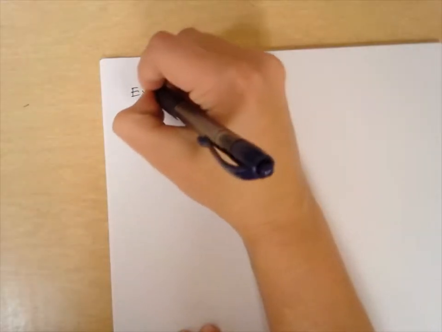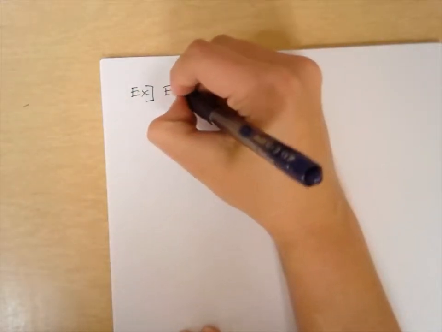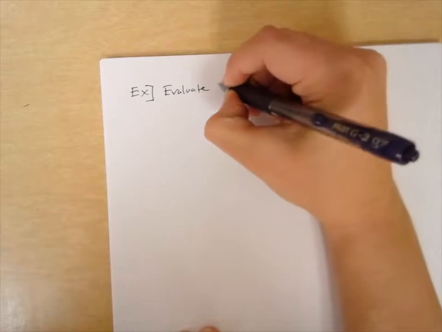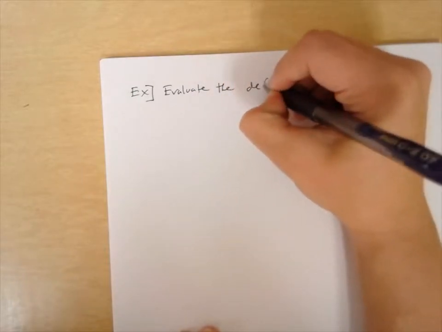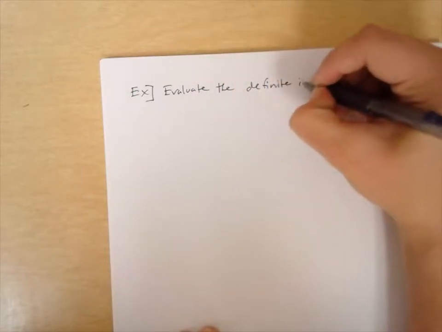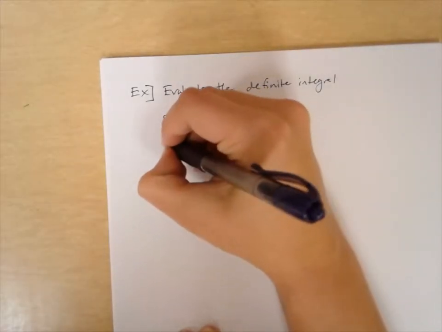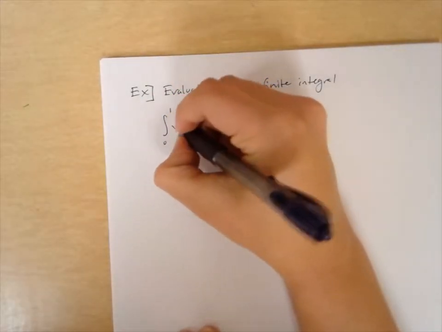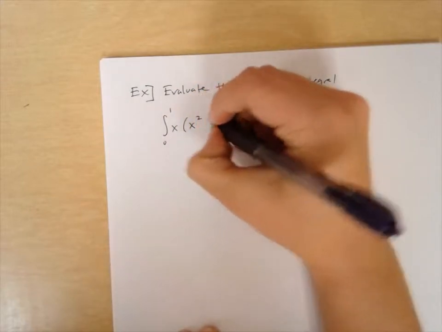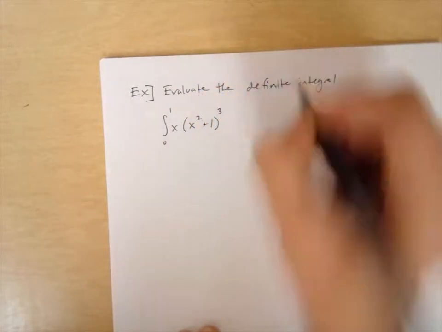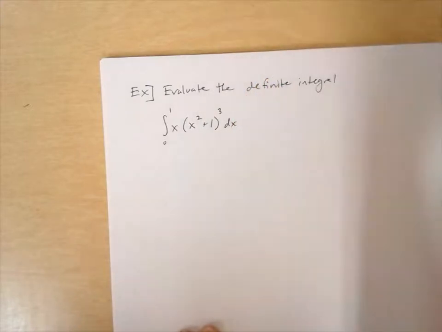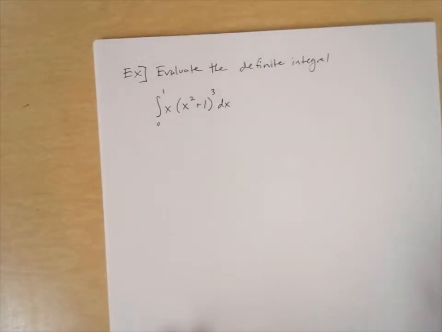Let's say we're given the task to evaluate the definite integral. We are given the integral from 0 to 1 of x times (x squared plus 1) cubed dx. A couple of things we can determine here.